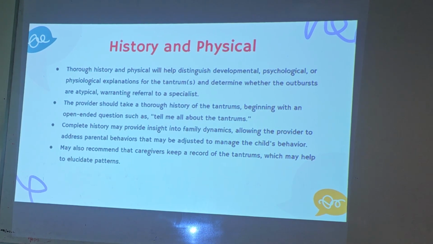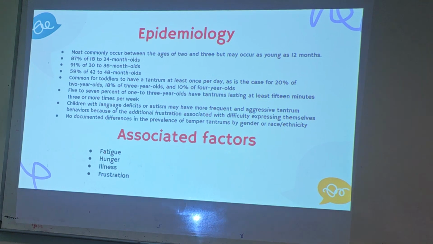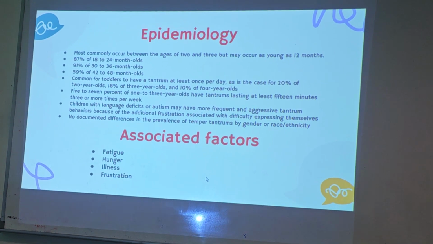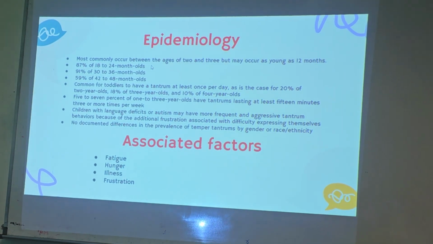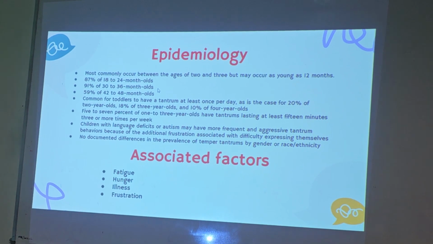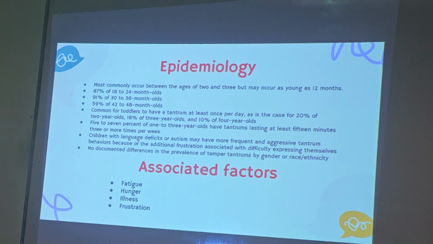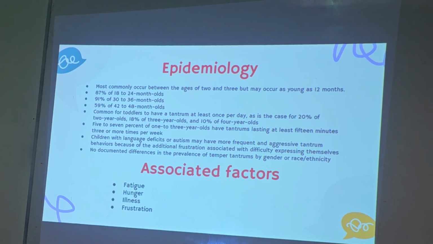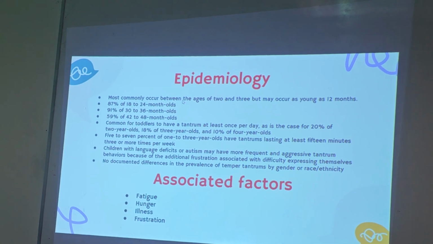Right. Sorry, your percentages, 87% of 18 to 24-month-olds have tantrums, but then it says common for toddlers. The figures which are correct are the ones common for toddlers that have tantrums at least once a day, 20% of 2-year-olds, 20 to 50% of 2-year-olds. Yeah. What are those figures up there? 87, 91%, 59%. Which video?